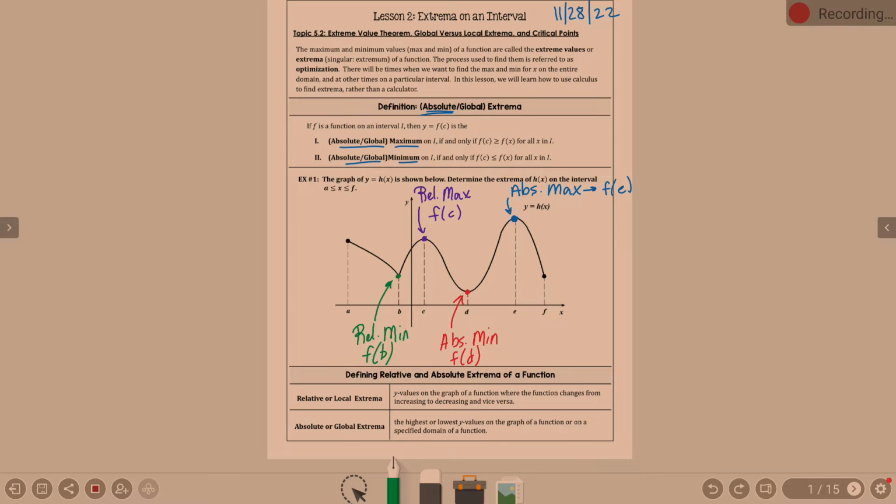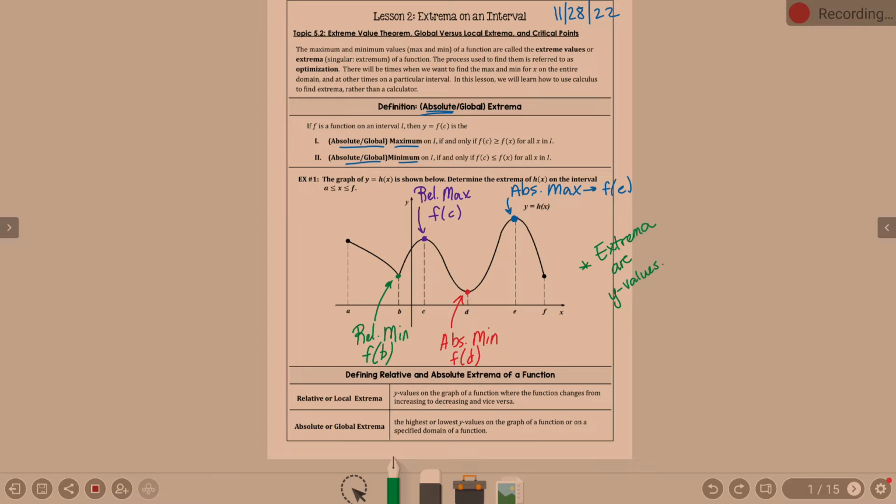So, one thing I'm going to keep saying, extrema are y values. You can say they happen at x values. So like there's a relative min at b, but the relative min itself is f of b. Okay, so just keep that in your head.